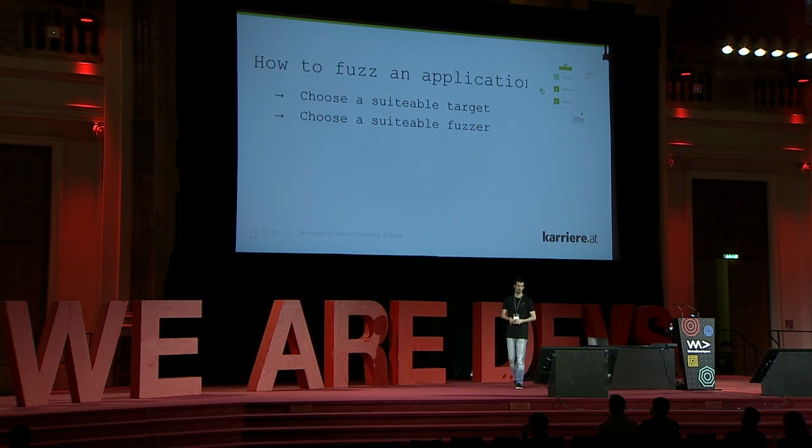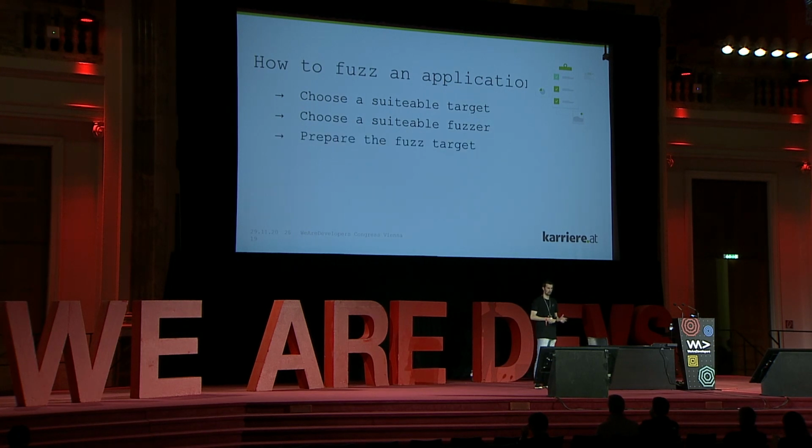The next thing we have to do is to choose a suitable fuzzer. There are a lot of fuzzers out there. You can mostly pick American Fuzzy Lop because it's a fuzzer you can use for a lot of different software. You can also use multiple fuzzers for the same software, but that's up to you.